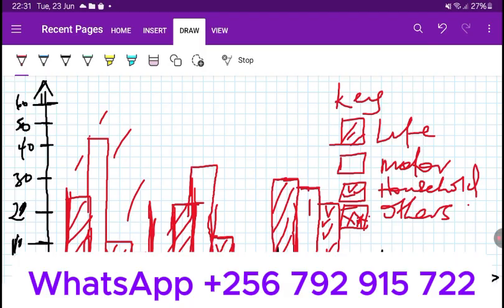So that's why we are saying it has some tedious computations in regards to the scale and other stuff. Even the scale itself can be misinterpreted, hence being able to generate wrong conclusions about the information that has been presented in the graph. So those could be some of the disadvantages that you could talk about.